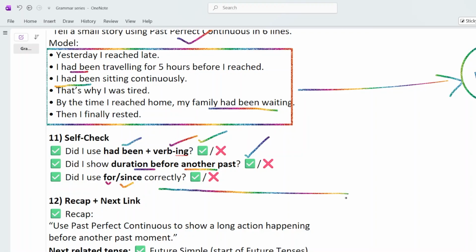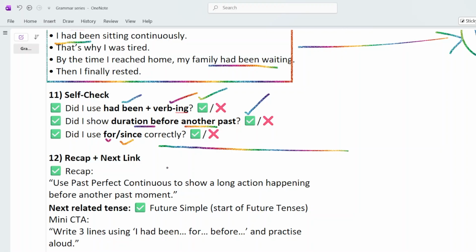Now, a quick recap: use past perfect continuous to show a long action for a duration before another action interrupts this long standing action. Only then do you use past perfect continuous. Otherwise, it is simple past or past perfect only.